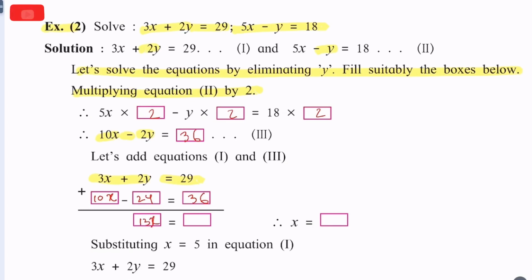Plus 2y minus 2y will get cancelled. And 29 plus 36 equals 65. Therefore, we get 13x equal to 65. Therefore, x equals 65 upon 13. Therefore, x equals 5.